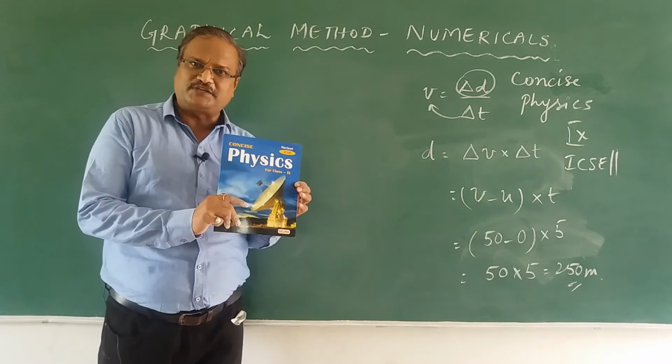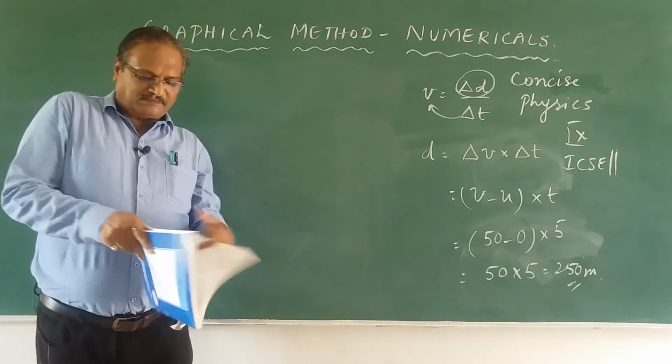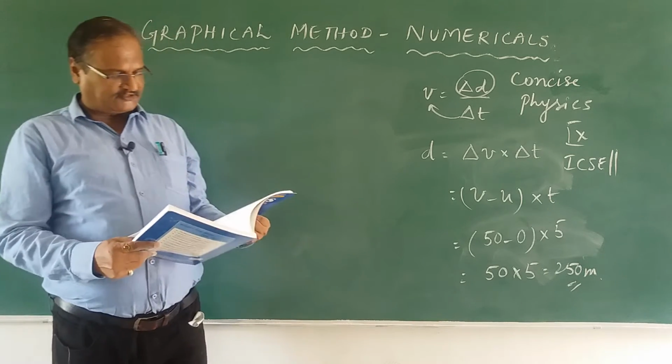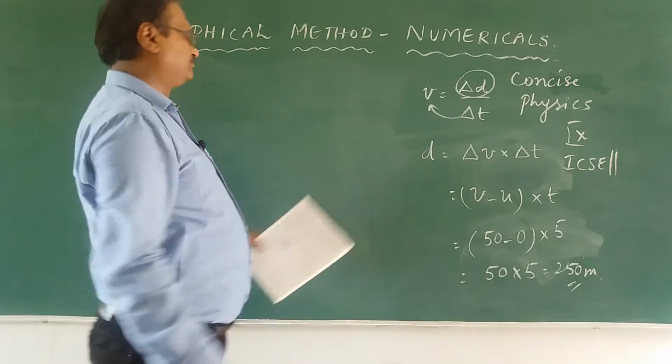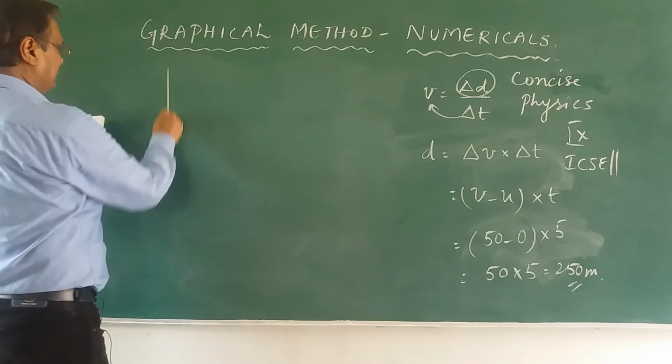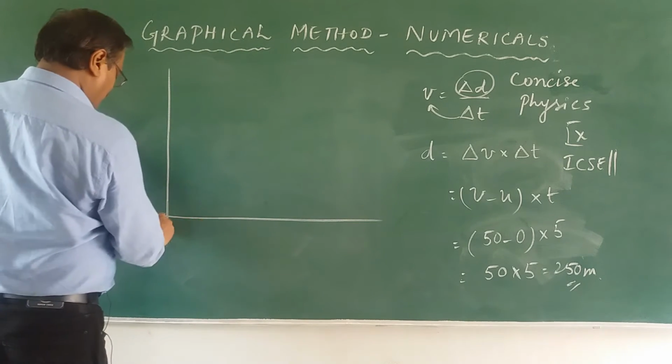This is by Selina Publishers, and I am going to do a problem from here because they have a broader syllabus. I am just taking the data, and I will send it to you in your WhatsApp group.